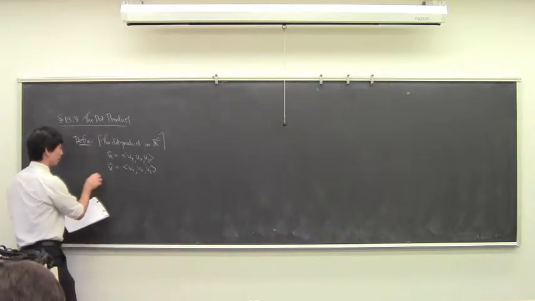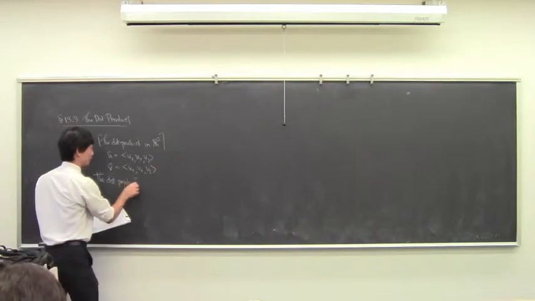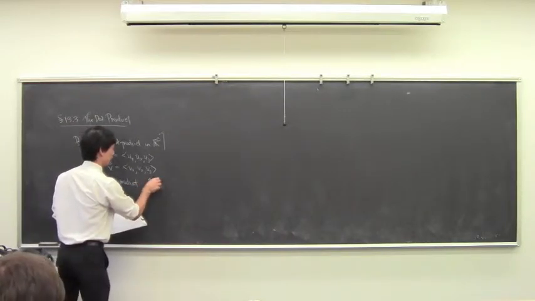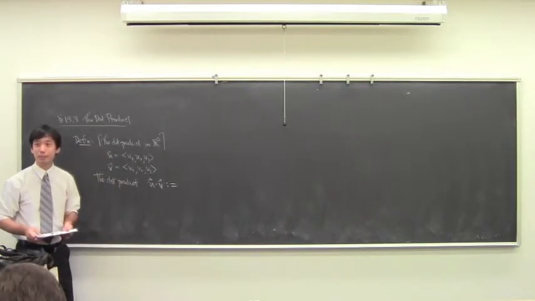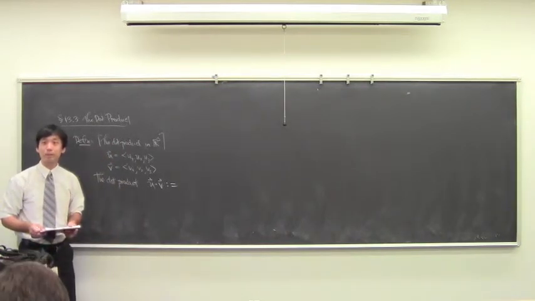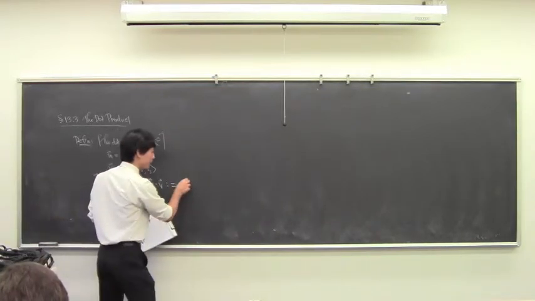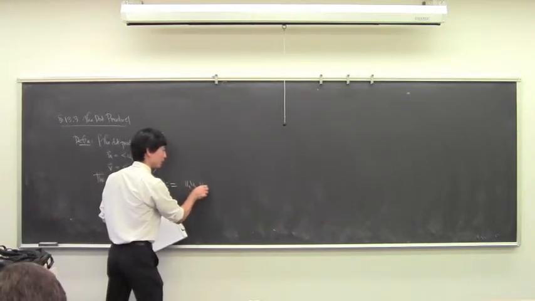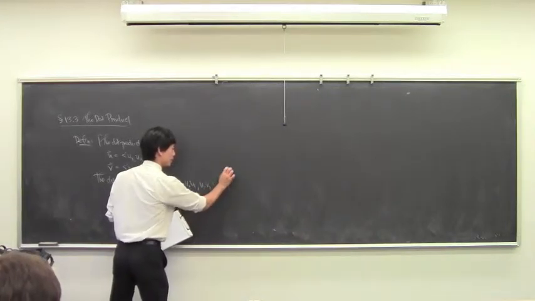Then we define the dot product u dot v as, well, what is it? Who knows? u1 v1, comma, u2 v2, comma, u3 v3. Yeah. So that is a vector.